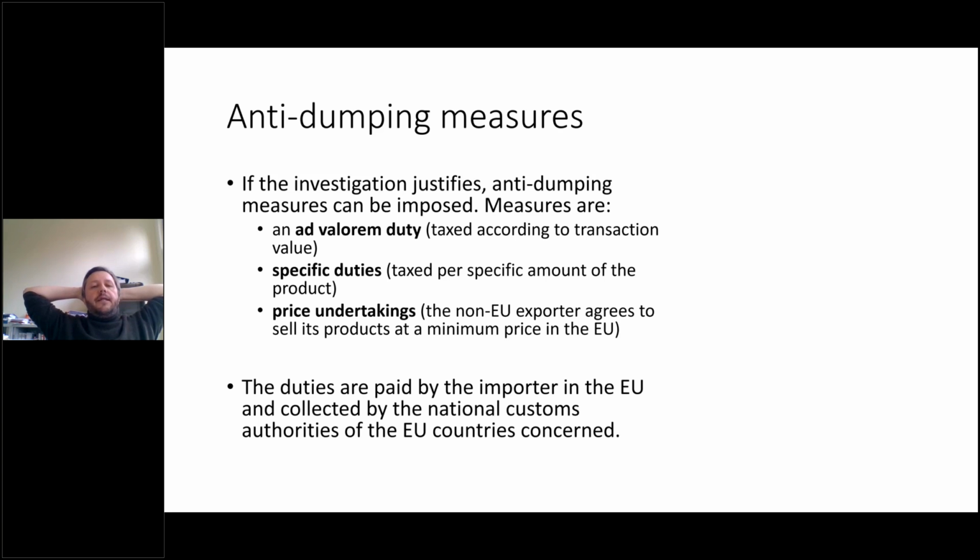And you can have price undertakings, which basically means that the non-EU exporter, which in the first instance was dumping on the European market, agrees to sell its products at a minimum price in the EU, so that you level the price of the product, so that it's no longer considered as dumping.